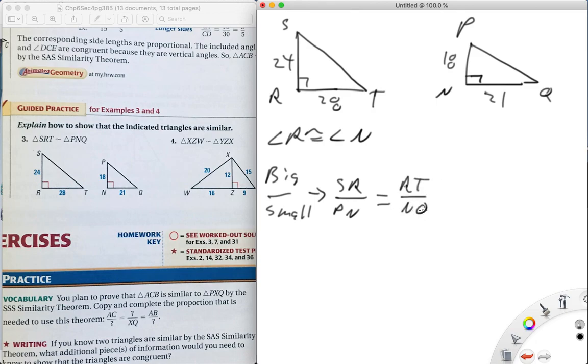And if you're wondering why I'm choosing this to that, this is the smallest over here, this is the smallest over here, this is the biggest over here, this is the biggest over here. So that's how I align mine up.